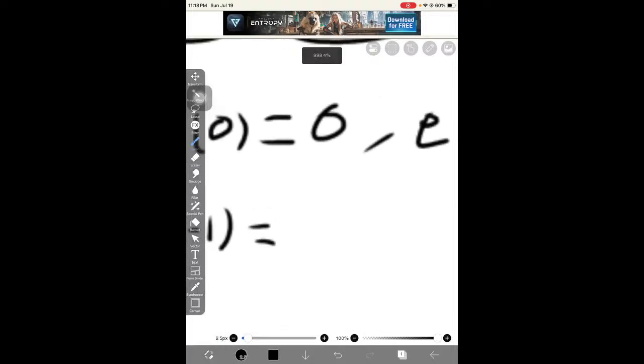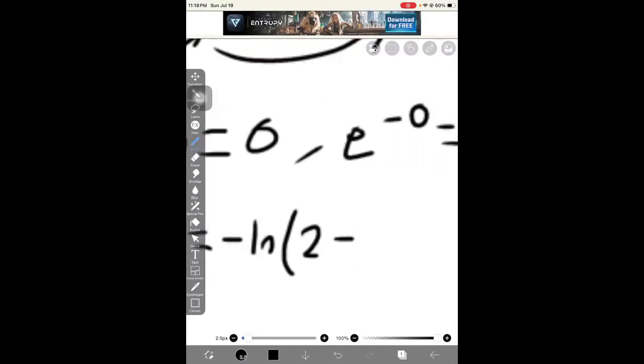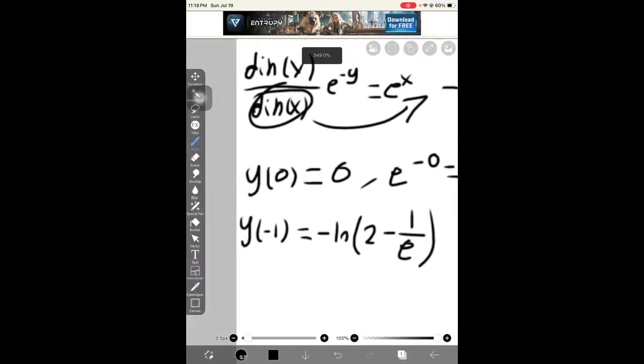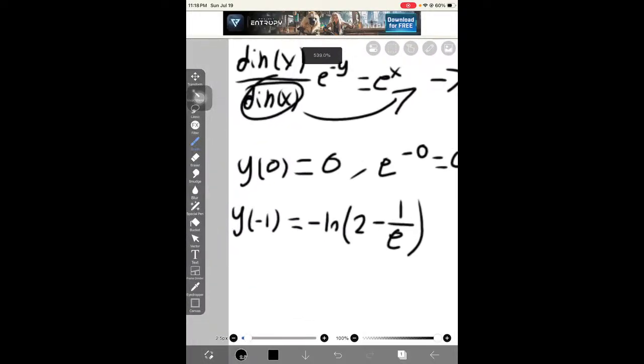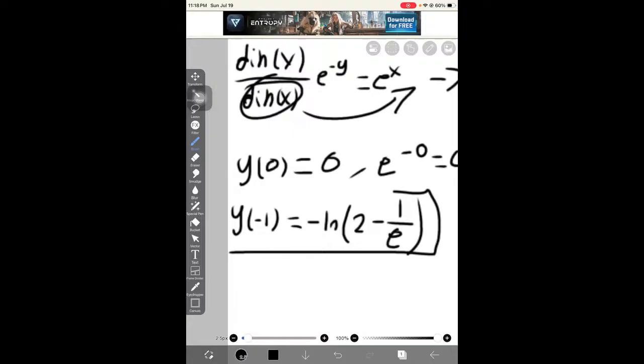So what's that going to be? That's actually going to be simple. That's going to be the negative natural log of 2 minus 1, all over e. And yeah, that's our final answer.